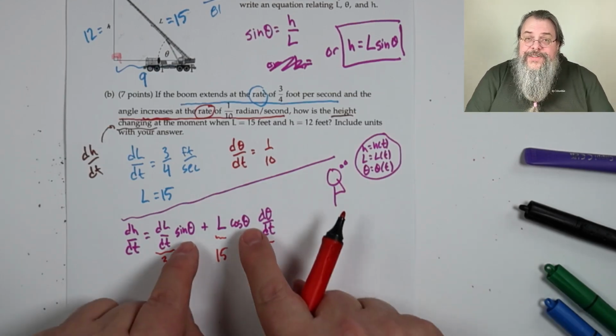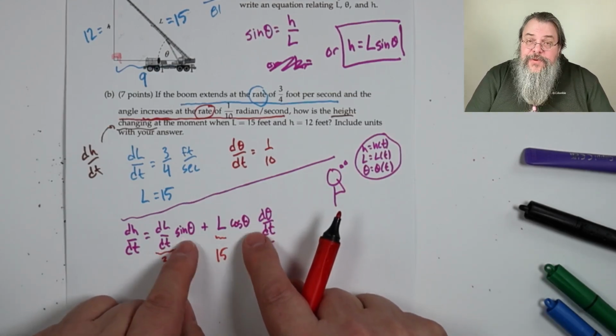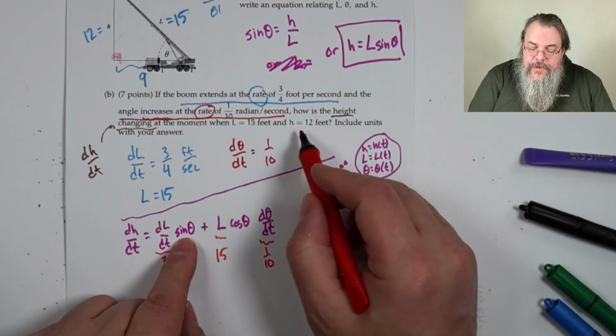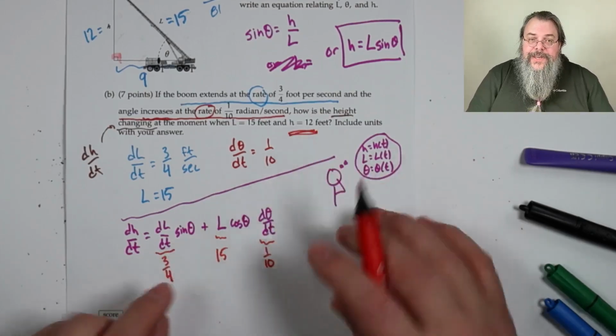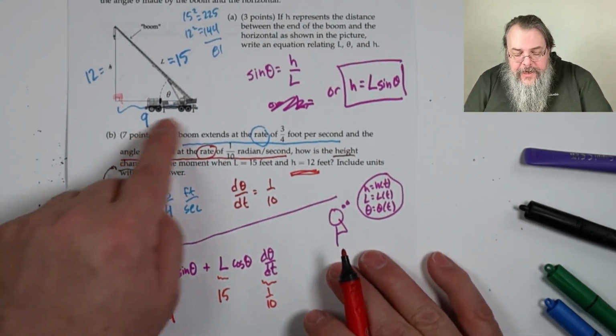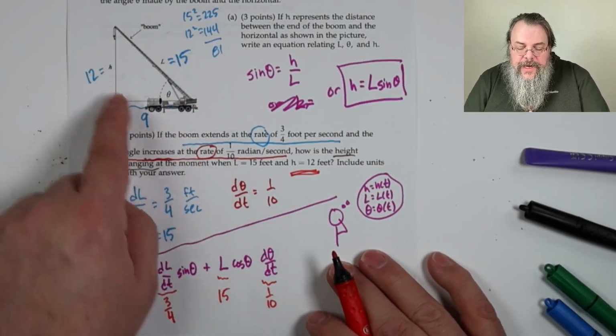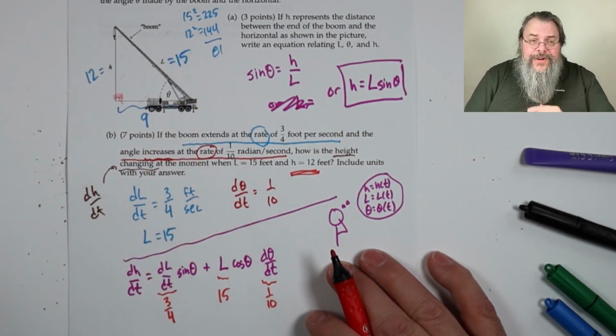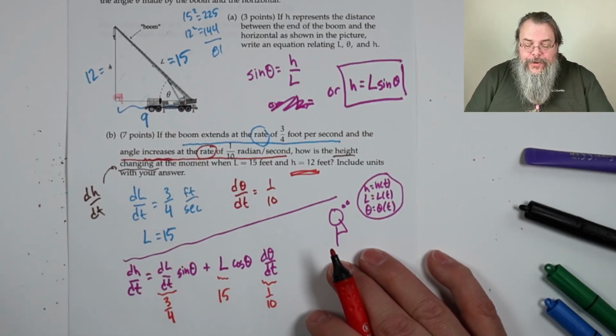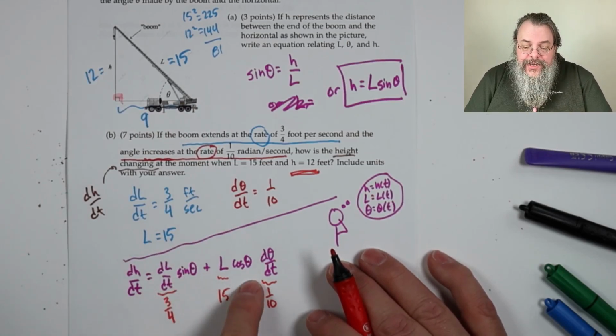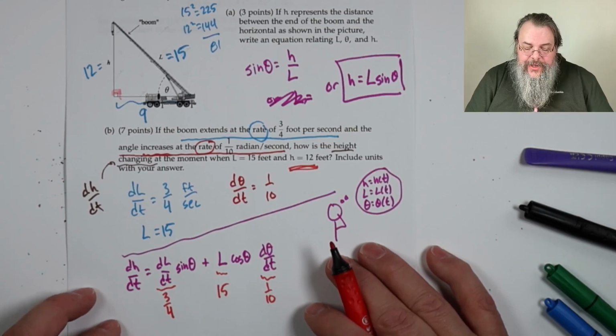But what about the sines and the cosines? We weren't explicitly told theta, but we were told h. That's why I wanted to fill this triangle in. Because when you have h, you can kind of find theta. But notice we don't actually need theta. We need sine theta and cosine theta. So let's talk sine theta.